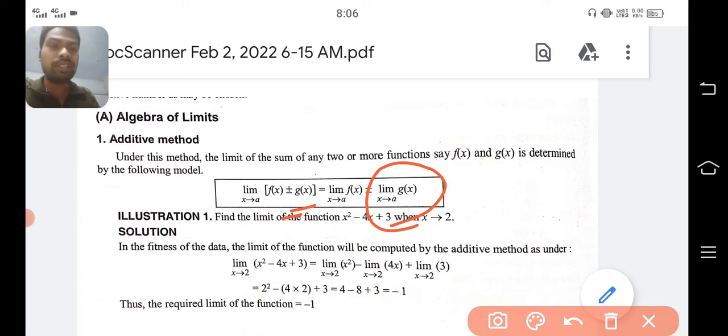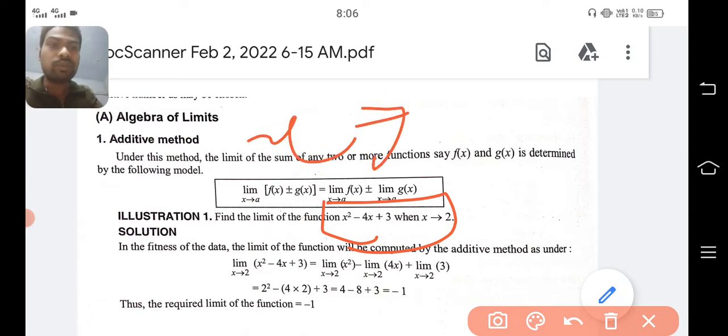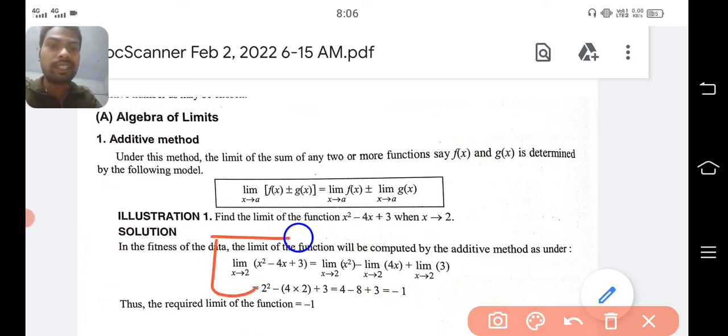For example, here the function is x square minus 4x plus 3, where x tends to 2. It means we will take the limit value of this function term by term. The limit as x tends to 2 of x square minus 4x plus 3 is designed first in this way. Then for each term, x square, 4x and 3, we take a separate limit.